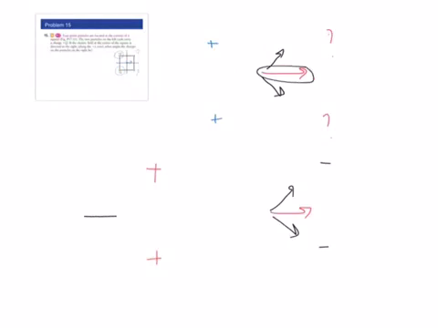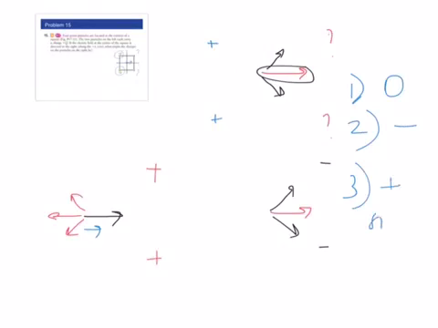So if the resultant from the two charges on the left is this way, and this would give us, let's use red color here, this way, this way is the resultant. So if this red vector is smaller than the black vector, we still have electric field going to the right. So I can say there are three possible cases. One, 0. Two, any negative charge. Three, positive charge but small.